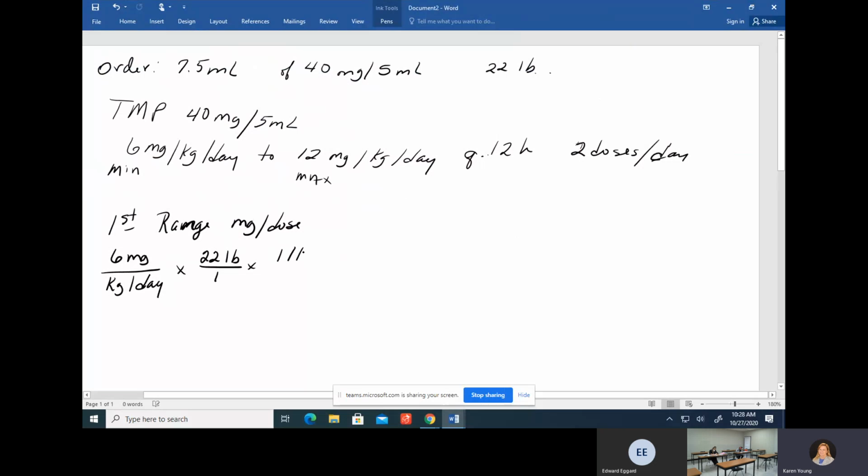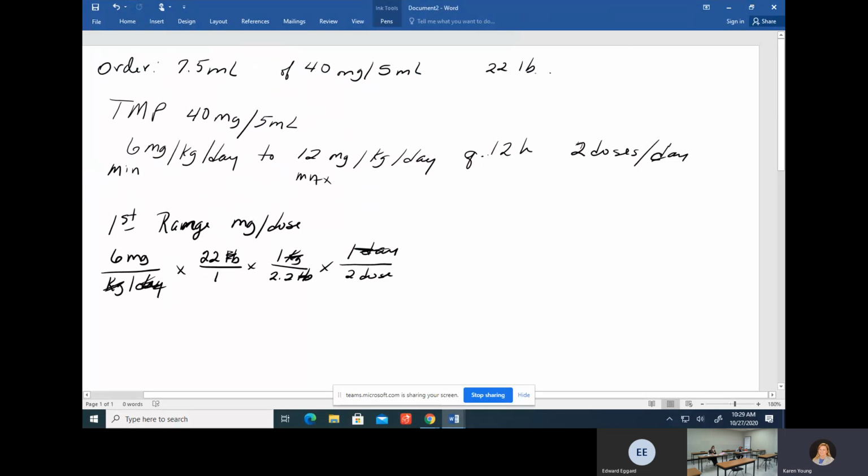And then times the 1 kilogram per 2.2 pounds. And then my 1 day, 2 doses. So this is the same as what we were doing last week with just safe dosages. So my kilograms cancel, my pounds cancel, my day cancels. And I'm left with milligrams per dose.